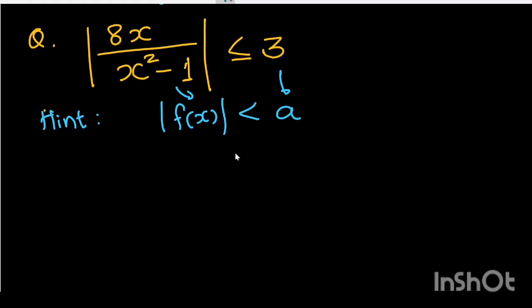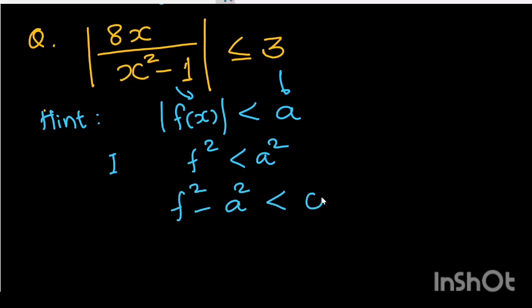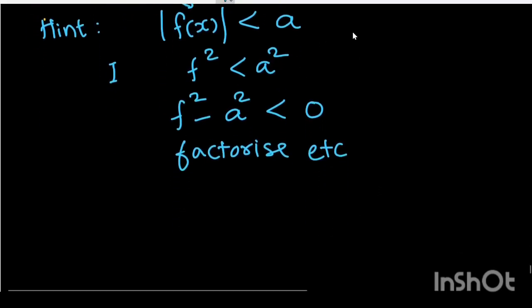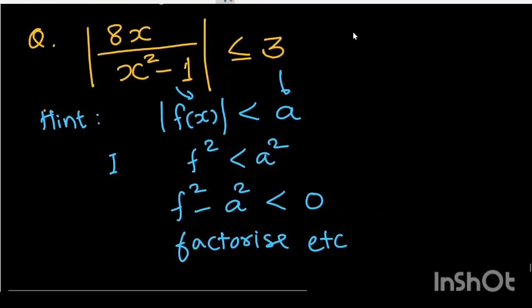We can square both sides, f square less than a square. This is the first method, and then we can use factorization, factorize f minus a, f plus a, and so on and solve. So using this first method, f square minus a square.